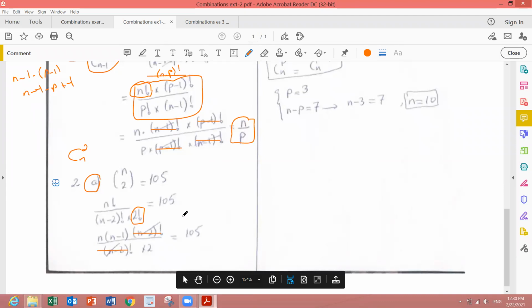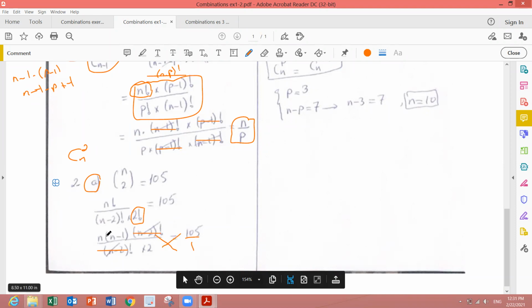How to complete here? How to find n? Cross multiplication, 105 over 1. We cross multiply.